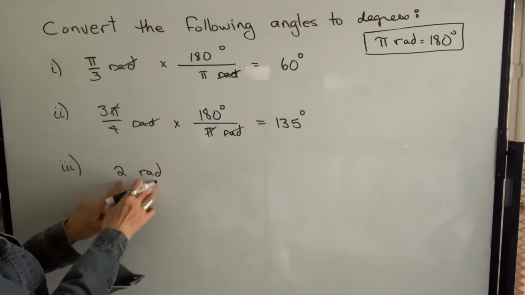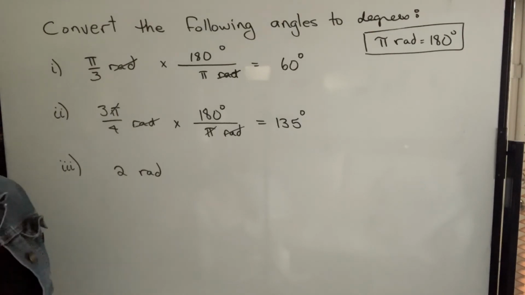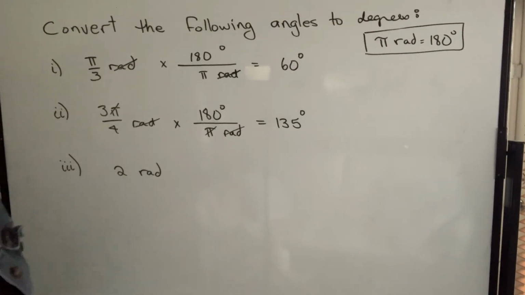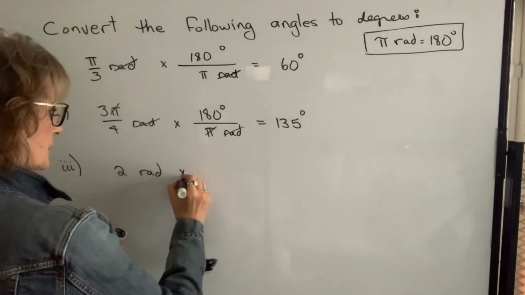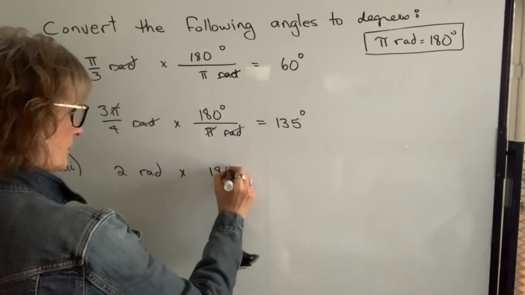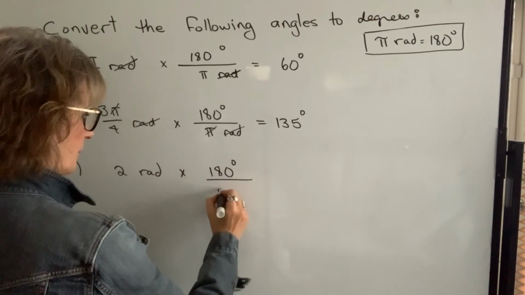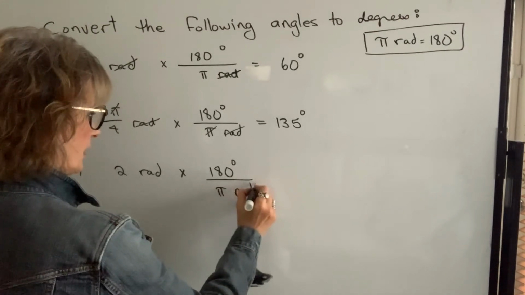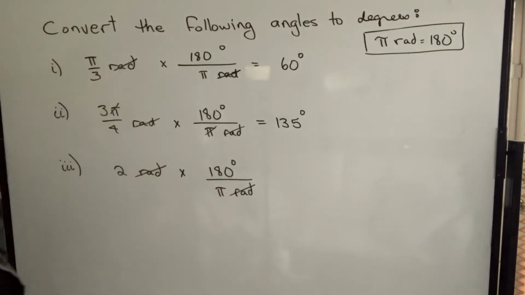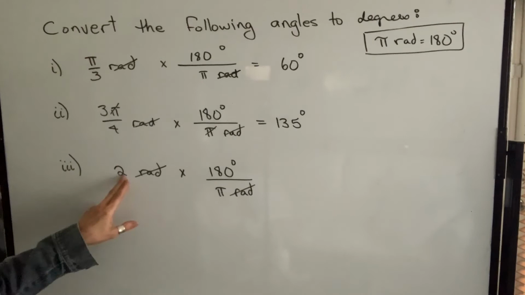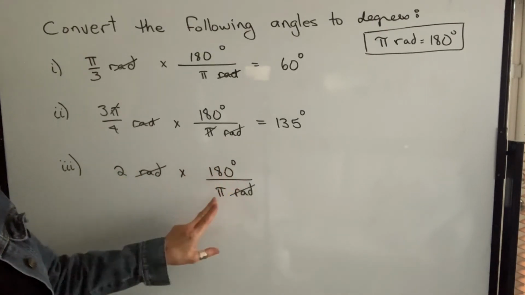Sometimes you will see an angle in radians that's not expressed in terms of pi. We're still going to do the same conversion. I want to eliminate radians, so I'll put pi radians in the denominator so that the radian unit will cancel. And then I'm just going to take 2 times 180 degrees and divide by pi.